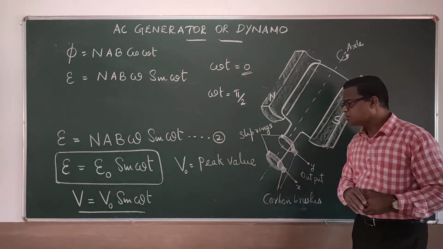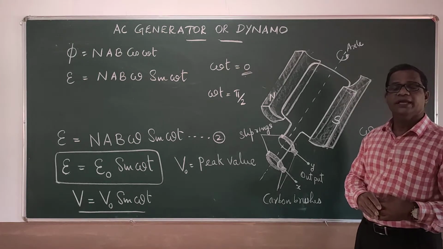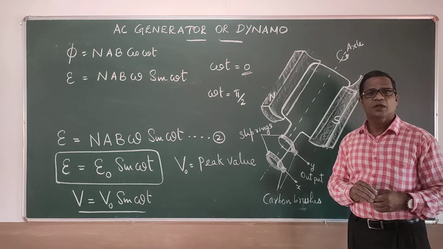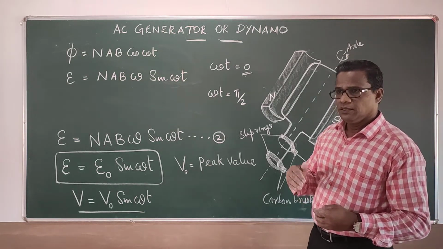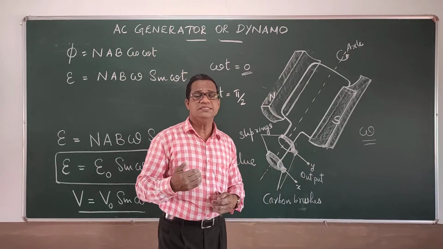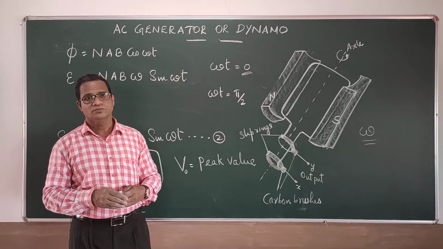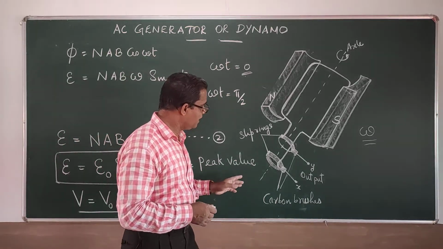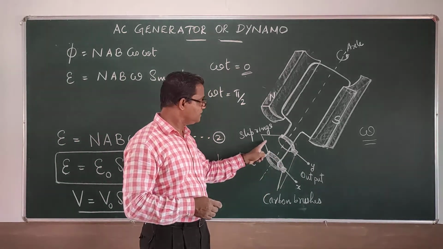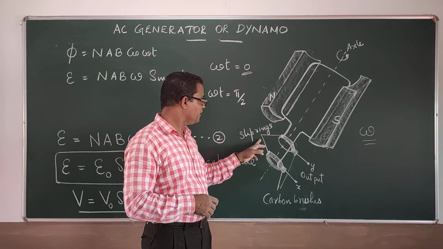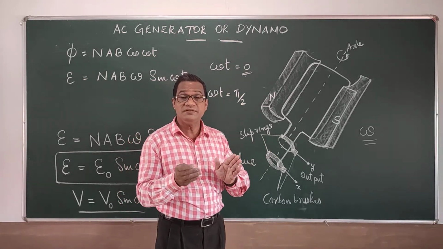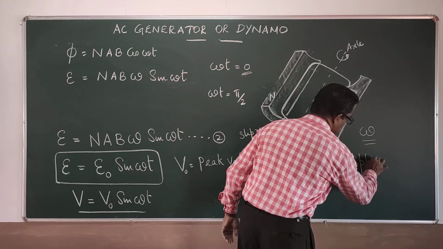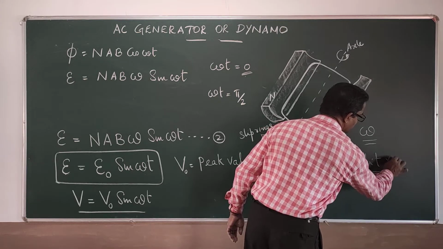So this is all about the AC generator. And one extra point: how we can get a DC output. We can use the same instrument to get a DC output just by changing the commutator system. This is a slip ring. Suppose I take a split ring commutator.